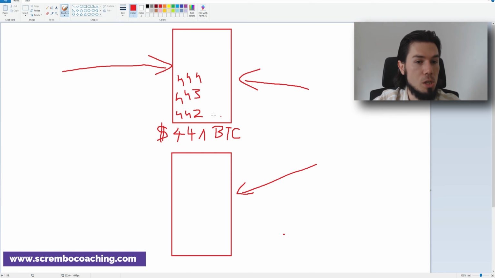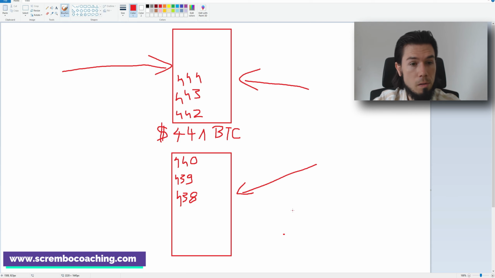We have different quantities. On the other side below, we have users that are willing to buy cheaper than the live price. So 440, right? That's cheaper. 439, right? 438, and so on basically. This is the second order book. With the buyers below, we have the other order book with the sellers above.